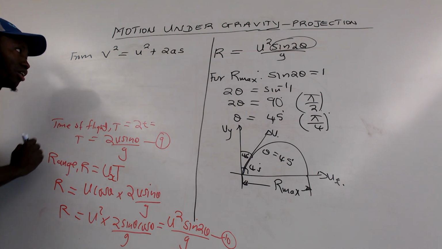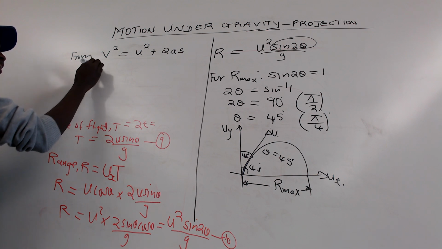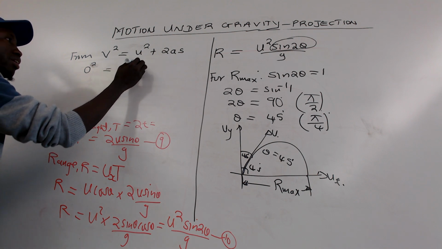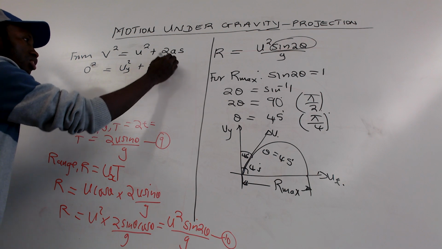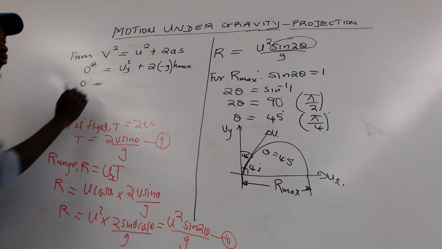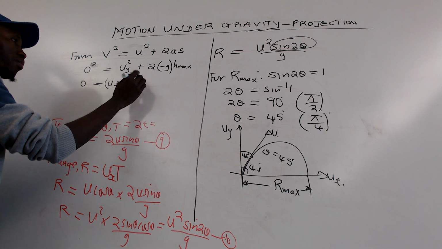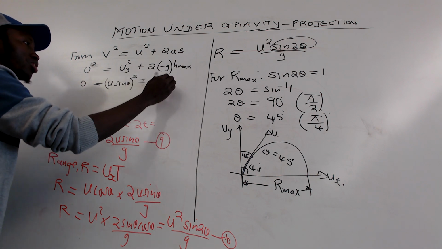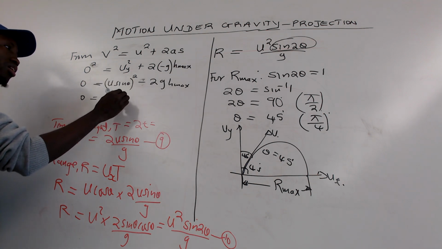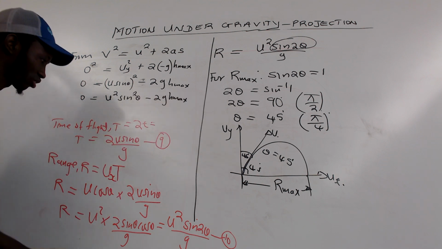So for vertical projection, v is 0, so 0 equals u squared for vertical, which is uy, plus 2a, where a is negative g, and s becomes h max. So 0 equals, but uy we have as u sine theta all squared, times minus 2g h max. If we expand this, this is going to be u square sine square theta minus 2g h max. We have to take note of this.